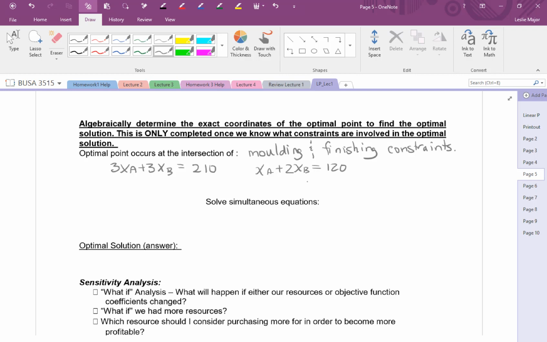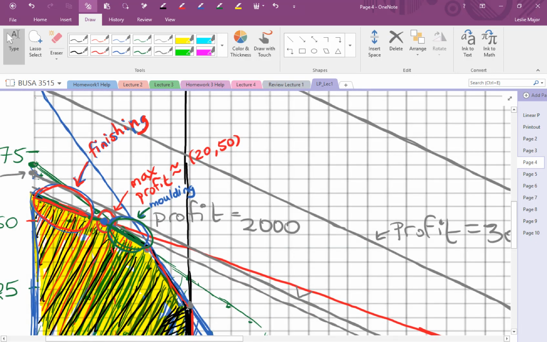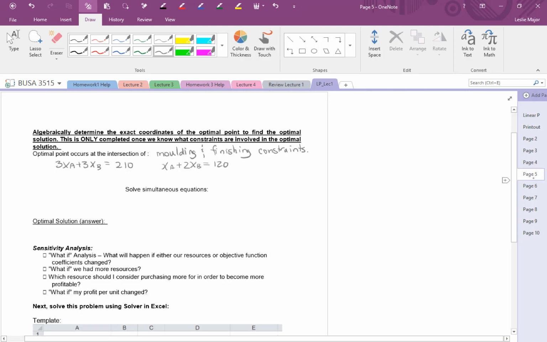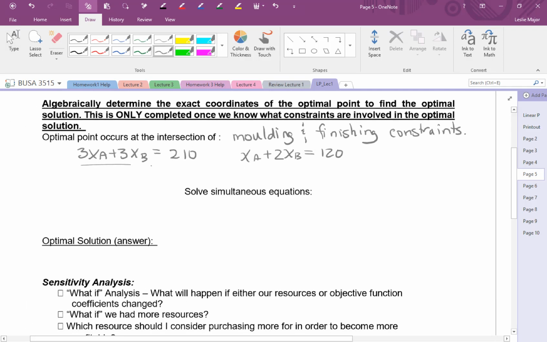Once you've done your graph, you see which two constraints intersect to get your optimal solution, and then just solve those two equations. So this one was from the molding, this equation was from finishing, and we just solve for them simultaneously. I recommend using substitution. You can use any method you want though.